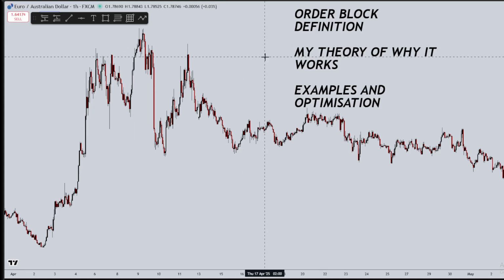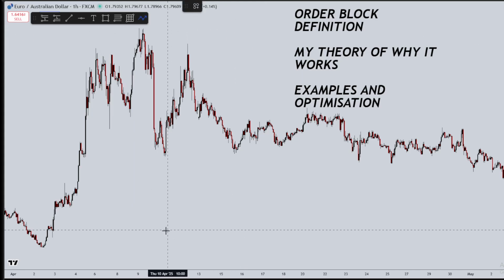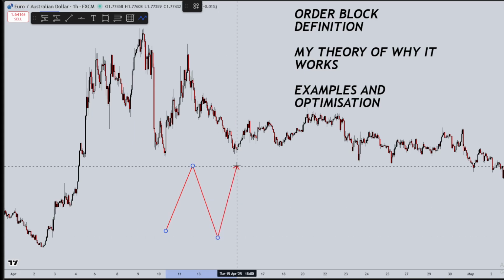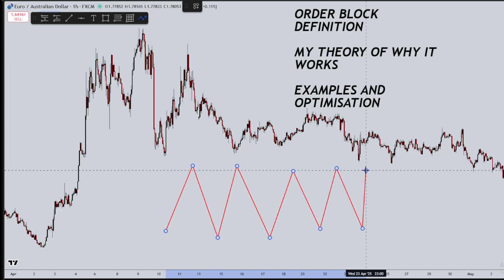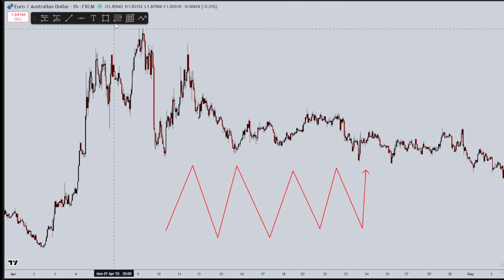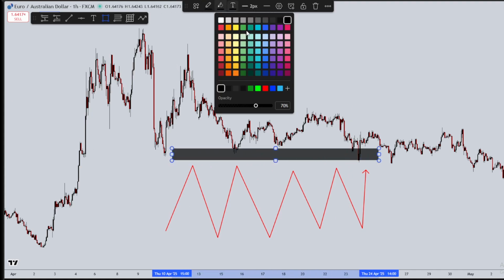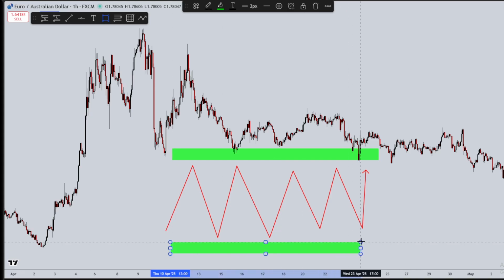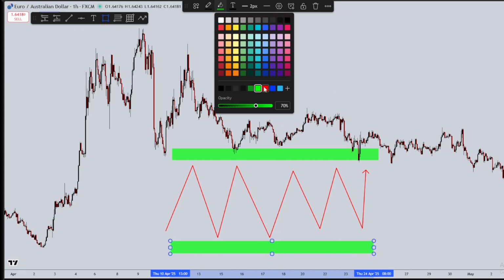Now, the way I'd define an order block is a manipulation or a purposeful buy to sell or a sell to buy. The way I'd describe it is very obvious. If we have this sideways market going on, naturally, what do we have? I'm going to delete this, try and neaten it up a little bit. You're going to have a bunch of buy orders above this, make them green, and you're going to have a bunch of sell orders below these.